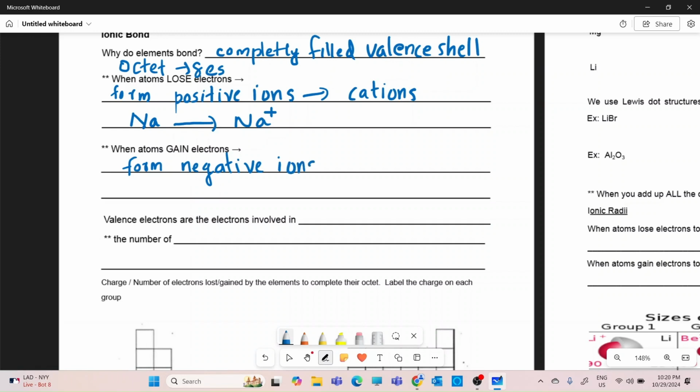The name for negative ions is anions, spelled A-N-I-O-N, anion. Say, for example, chlorine will gain one electron and form the Cl-1 ion. This will be an anion.